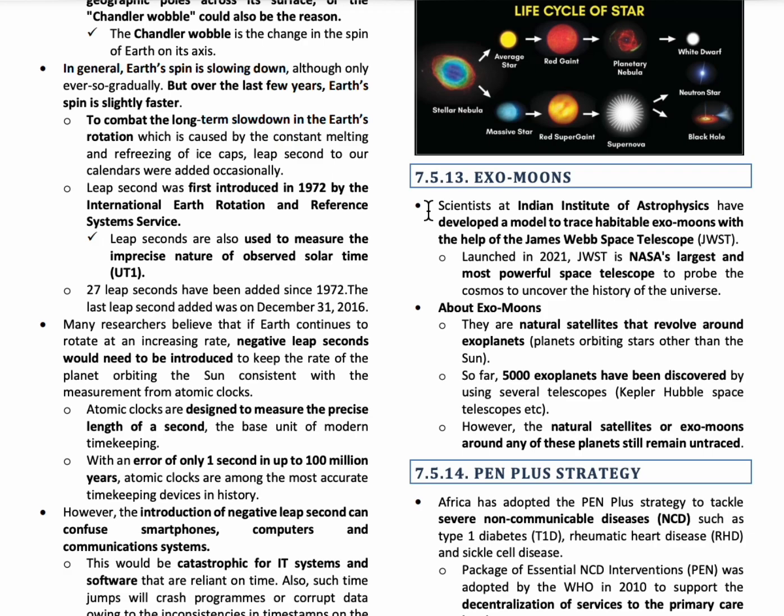So 5,000 exoplanets were traced by several telescopes, and to trace exomoons, Indian Institute of Astrophysics has developed a model to trace exomoons with the help of James Webb Space Telescope. The James Webb Telescope was NASA's largest and most powerful telescope. So it is going to trace these exomoons.